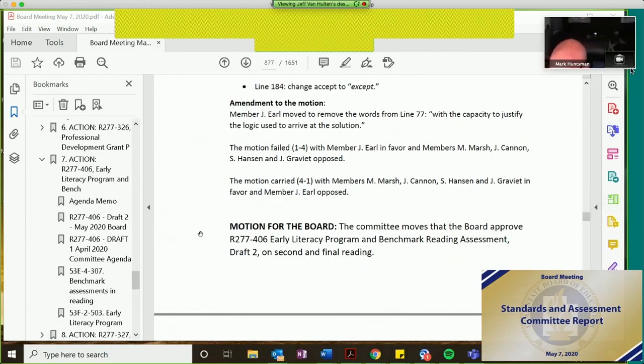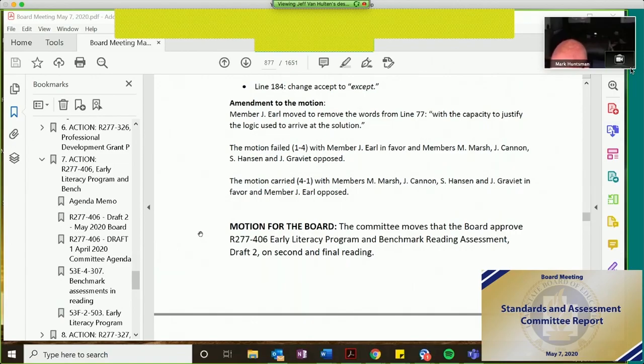Member Cannon, Aye. Vice Chair Cummins, Aye. Member Davis, Aye. Member Earl, No. Chair Gravitt, Yes. Member Hanson, Aye. Member Haynes, Aye.